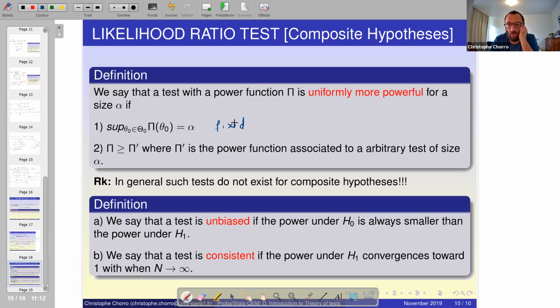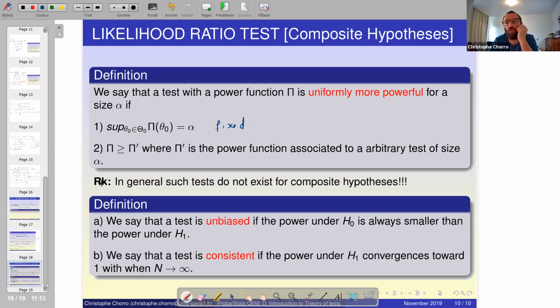So we have seen together that in our previous situation, in the case of simple hypotheses, we obtain such a test by the likelihood ratio test. In the case where my hypotheses are a little bit more complex, that is in the case of composite hypotheses, unfortunately, in general, such a best test doesn't exist.